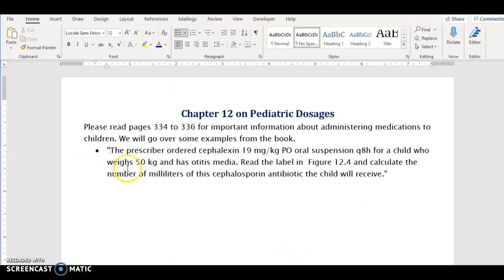And the problem says the prescriber ordered the drug 19 milligrams per kilogram by mouth, oral suspension every 8 hours for a child who weighs 50 kilograms and has otitis media. All right, and we're going to read the label in figure 12.4 and calculate the number of milliliters of the antibiotic the child will receive.